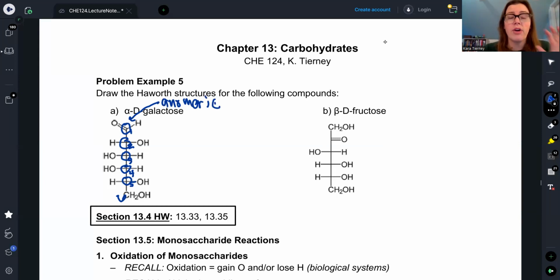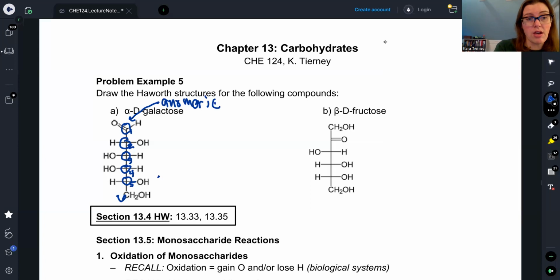You can take your number of chiral carbons and add 2 to figure out how many points are in your ring, because in the ring we have our 4 chiral carbons, our aldehyde carbon becomes the anomeric carbon, so that's in there too. The C double bond O becomes a single bond, it becomes chiral. And then oxygen will also join the ring.